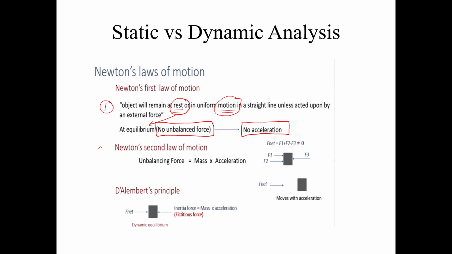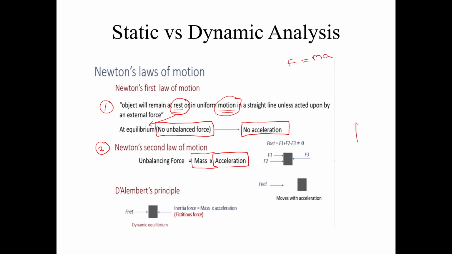Second, Newton's second law of motion, which tells us if there is an unbalancing force in the system, then it will accelerate the object, and that unbalancing force to accelerate the object will also depend upon the mass, right? So we can say F is equal to ma.